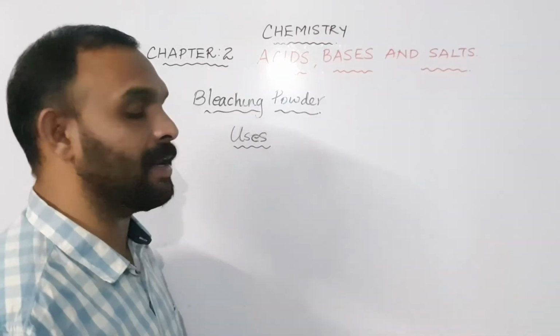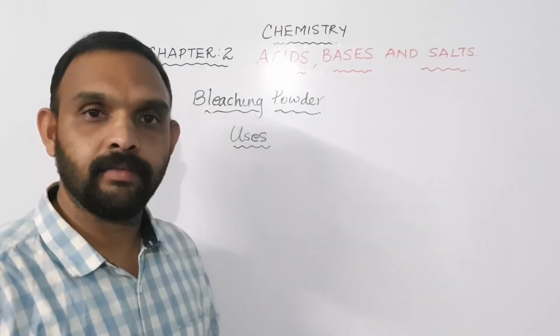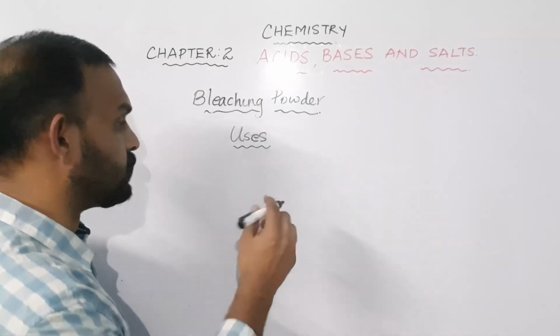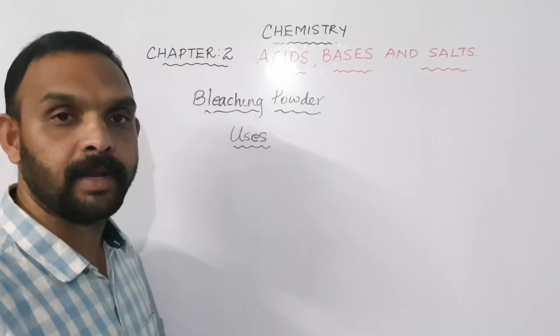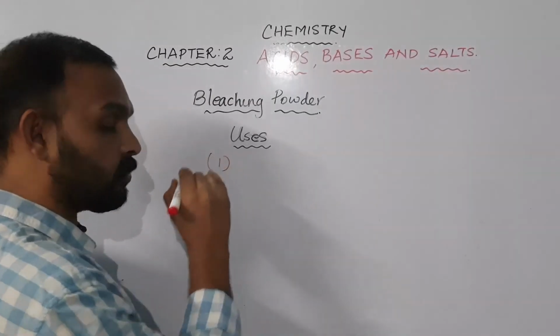Now the uses of bleaching powder. Bleaching powder has got many uses, but we are going to study a few of them. Okay, so the first and important use of bleaching powder is it is used for bleaching clothes in laundry.